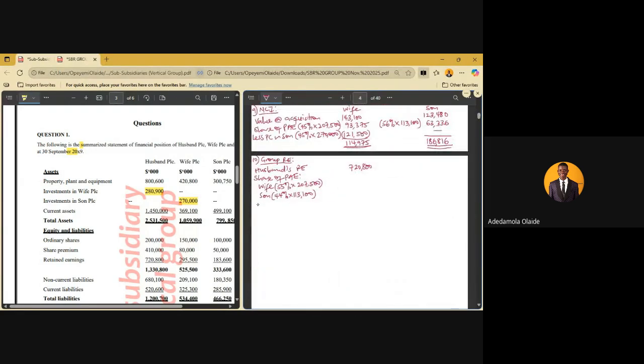So unrealized profit on inventory, 760 plus 800, gives us 1,560 as a reduction. Aside that, I don't think we have any other thing. So what's the figure?